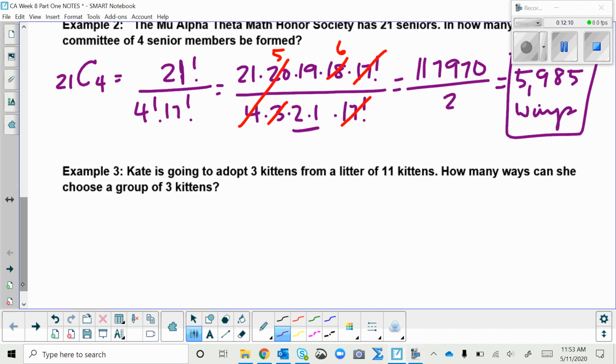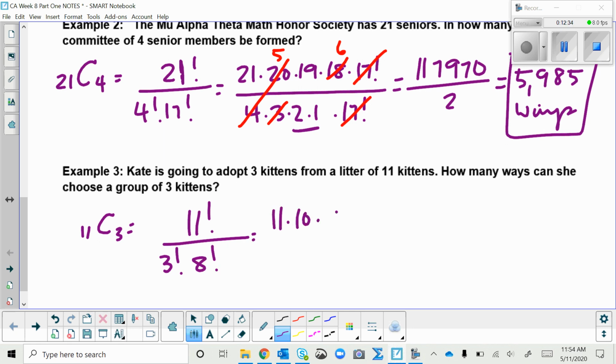All right, last problem. Kate is going to adopt 3 kittens from a litter of 11. How many ways can she choose a group of 3? So pause the video and do that for yourself. So it's 11 choose 3. We're going to plug that in here. I'll break down 11 factorial just till I get to the 8.